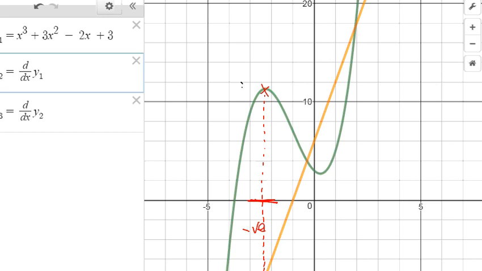And if you look at the second turning point, it's a minimum turning point, and the corresponding value on the second derivative is above the x-axis. In other words, it's positive. So when we have a maximum turning point, the second derivative is negative, and when we have a minimum turning point, the second derivative is positive.